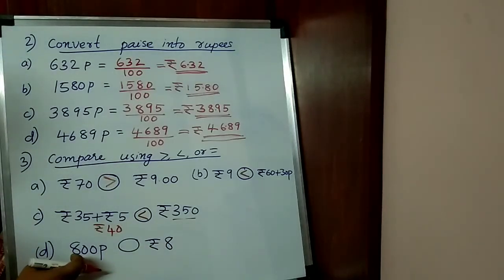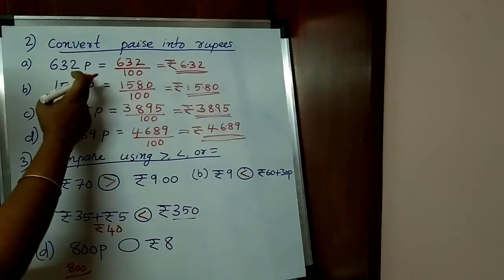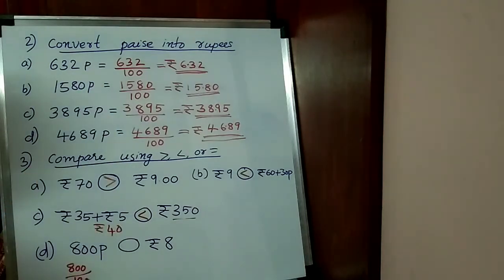Then next, last one, 800 paise and rupees 8. Then what is 800 paise? You know that. How will you convert? Here both are in different units. One is paise, one is rupees. So you convert this paise into rupees. How will you convert? Here you study. Divided by 100. Then you simply write the numerator and denominator.